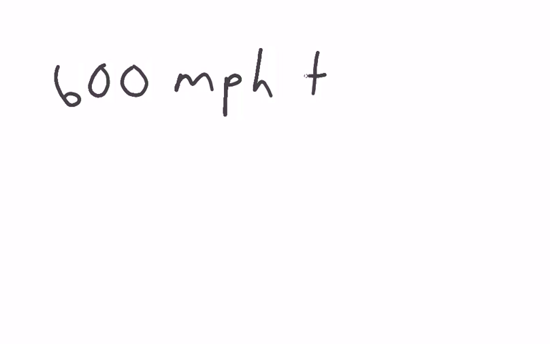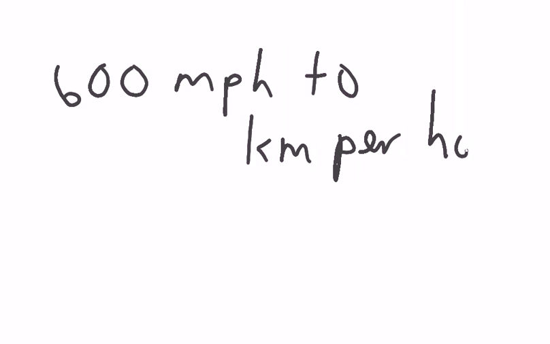For example, they may say convert 600 miles per hour to kilometers per hour. They give you a whole table to look at, and you can look to see the conversion that says miles per hour to kilometers per hour, and then they give you a number. In this case, they give us 1.609.